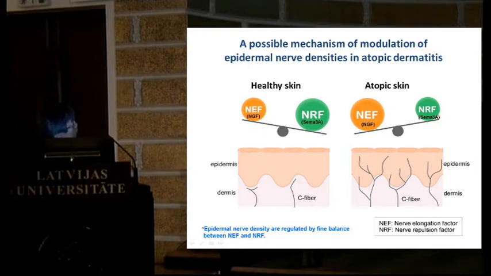In this case, nerve fibers cannot penetrate into the epidermis. In atopic skin, nerve elongation factors such as NGF are more dominant than nerve repulsion factors such as semaphorin 3A. In this case, nerve fibers penetrate into the epidermis.